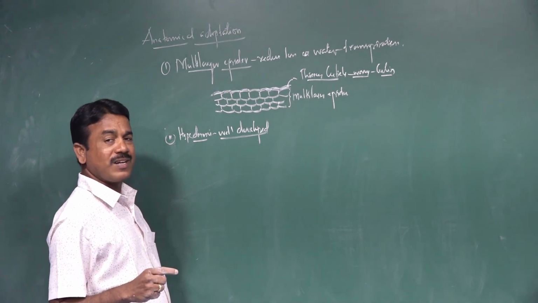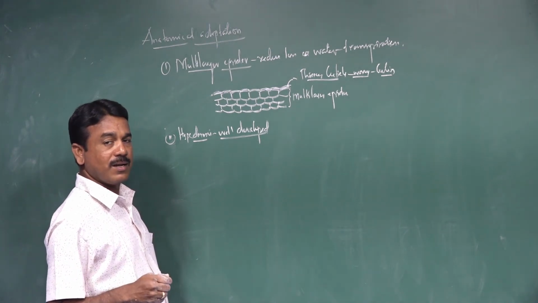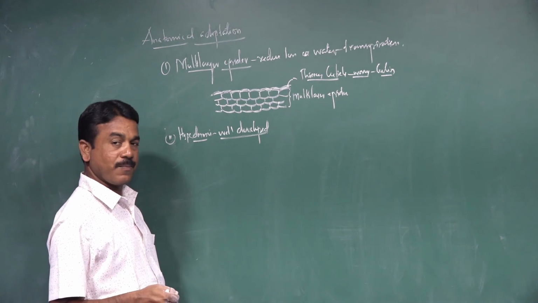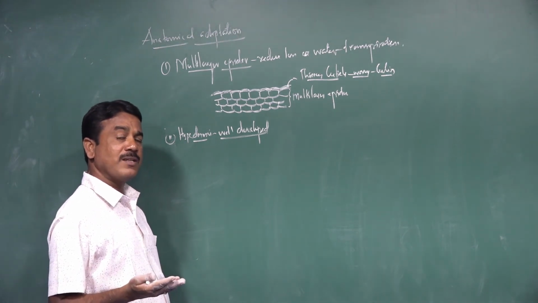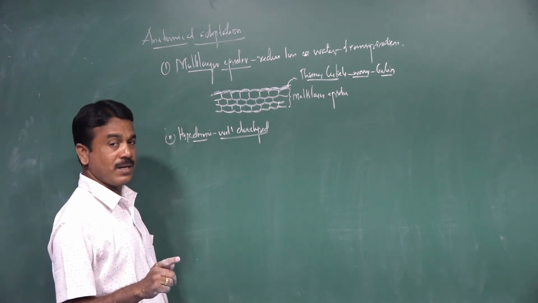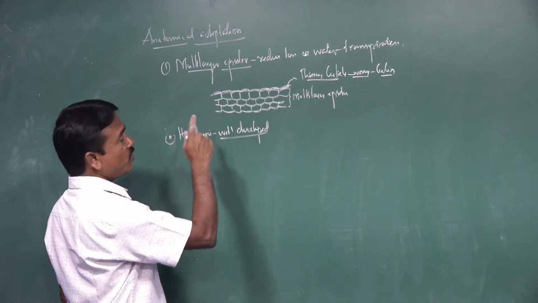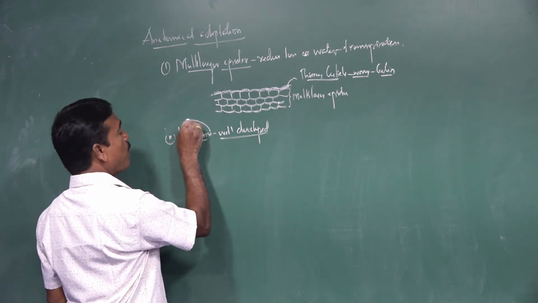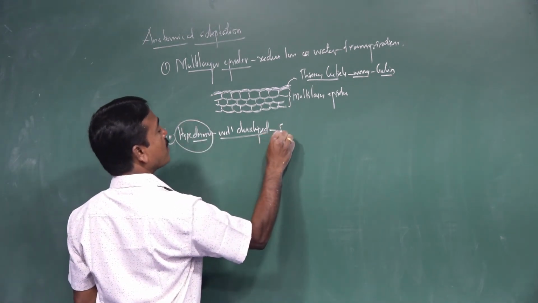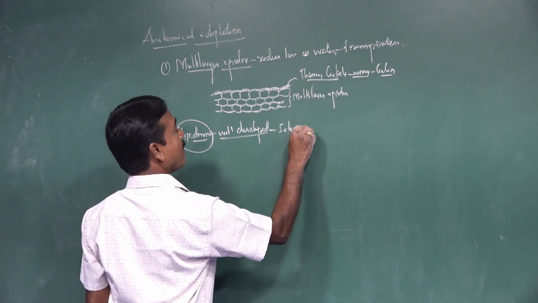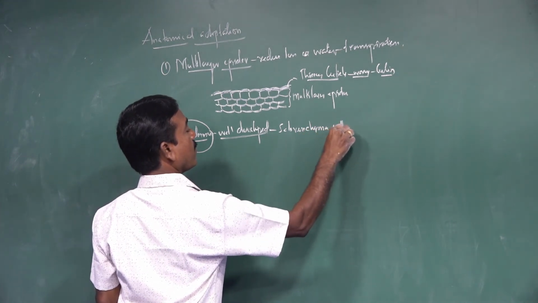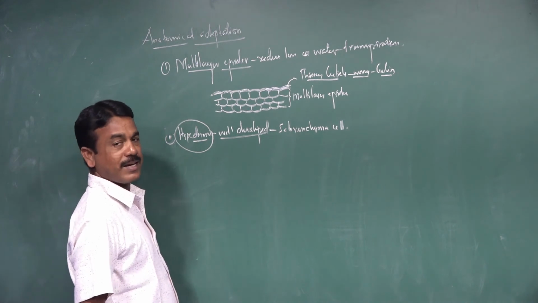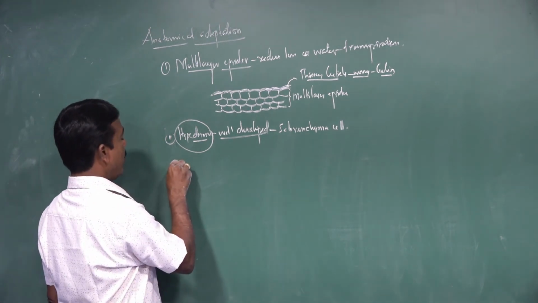A layer of sclerenchymatous cells occurs below the epidermis. So hypodermis can be made up of sclerenchymatous cells or chlorenchymatous cells. But in xerophyte species, hypodermis is made up of sclerenchymatous cells. This is the second adaptation.